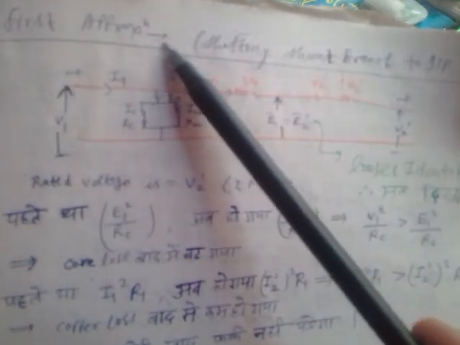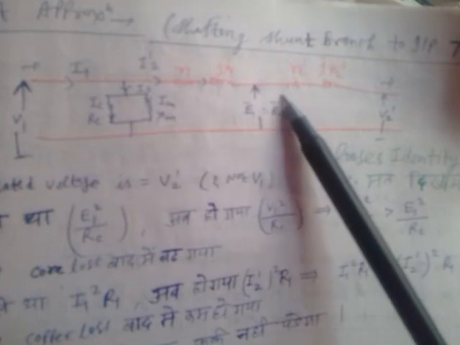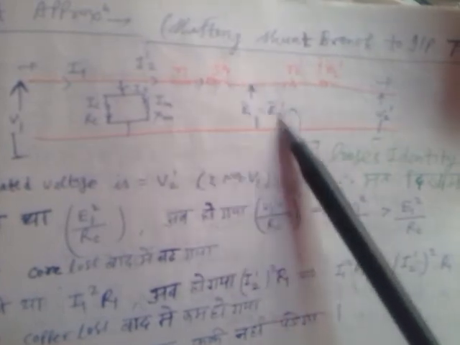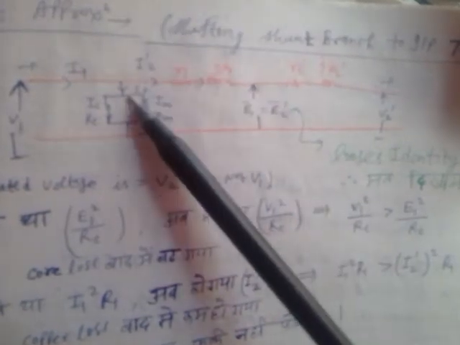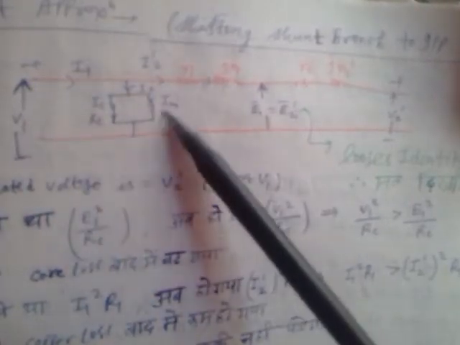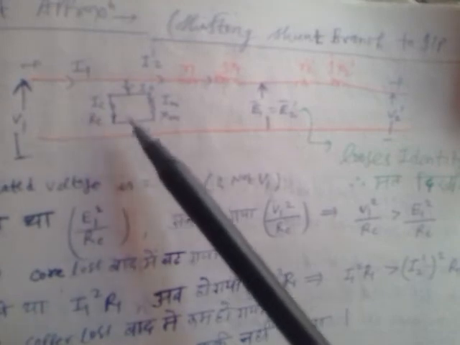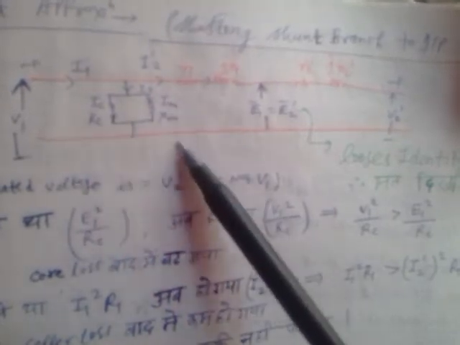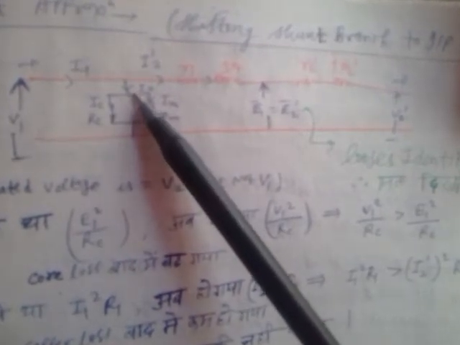So first approximation, shifting shunt branch to input terminals, right? Earlier the shunt branch was here, now you further shift it to the input terminal, that means towards the supply side V1. So V1, I1, this is the same shunt branch containing IC, RC, IM, XM, and this is IE or I0.